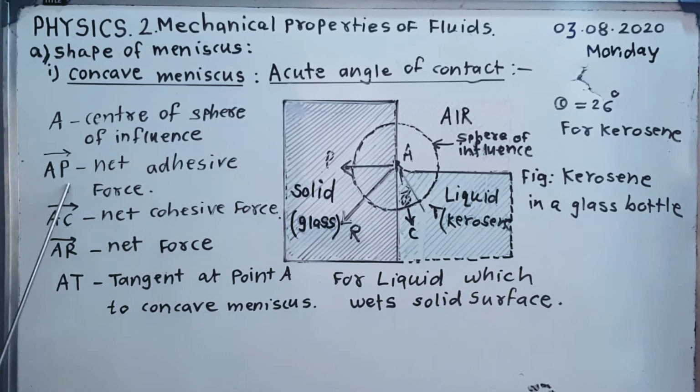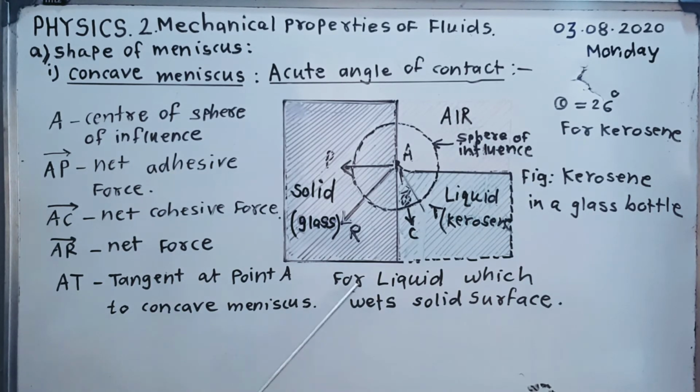The vector AP will represent the net adhesive force, vector AC will represent the net cohesive force, and AR represents the net, resultant force acting on the molecule A. AT will represent a tangent at the point A to the concave meniscus.